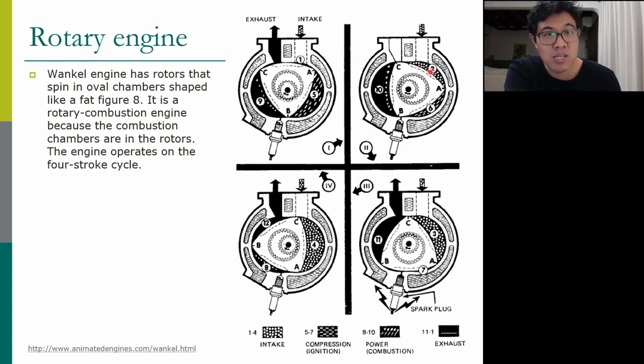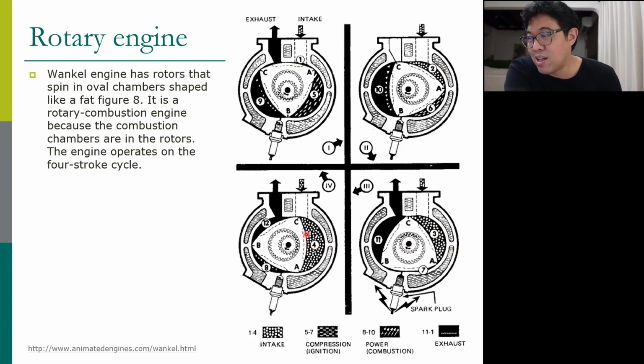When you create larger volume, you create less pressure, right? So it creates vacuum. As the rotor passes through this, it sucks in the air fuel mixture. So air fuel mixture is coming in at 2. 3 is larger, so it keeps coming in. 4 is larger, so it keeps coming in. So 1, 2, 3, 4 are intake.